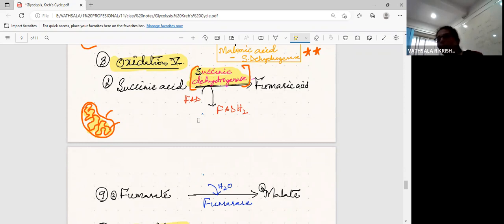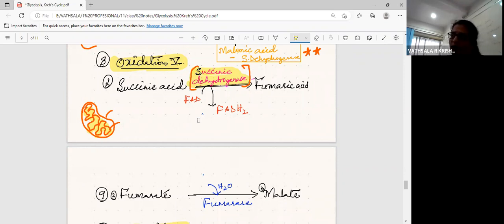What is the full form of FAD? I told you all these are coenzymes derived from vitamins.